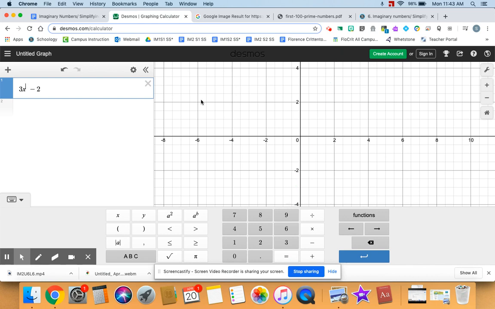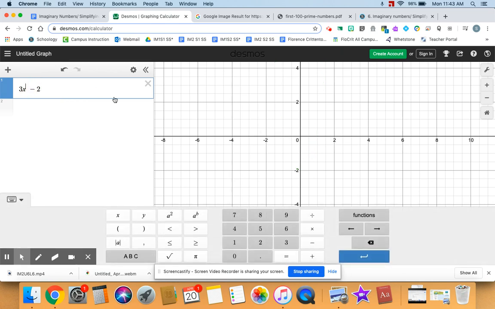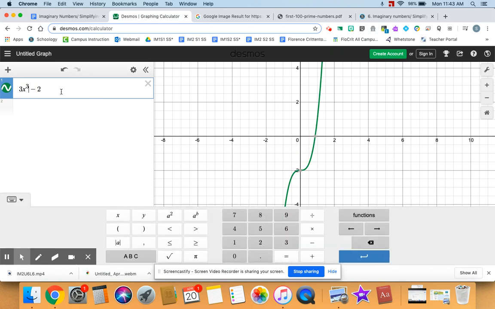However, if I make it an x squared, now it creates the parabola shape we all know. And it goes through the x-intercept twice, once right here and once right here. Watch what happens if I make it an x cubed, for example. Got to put a couple other terms in there.